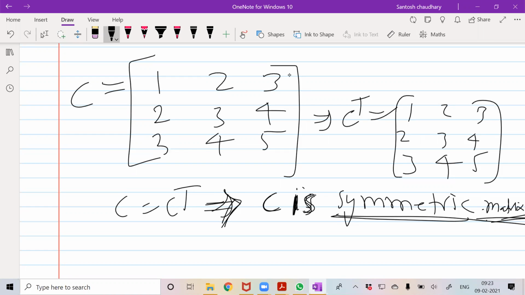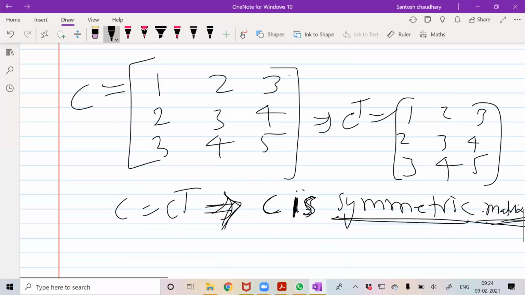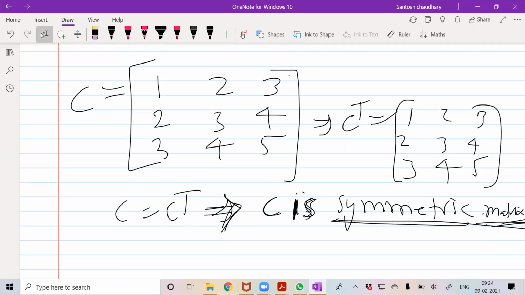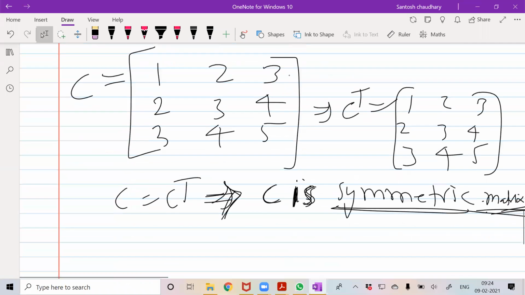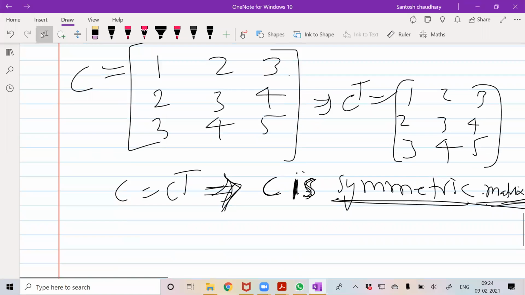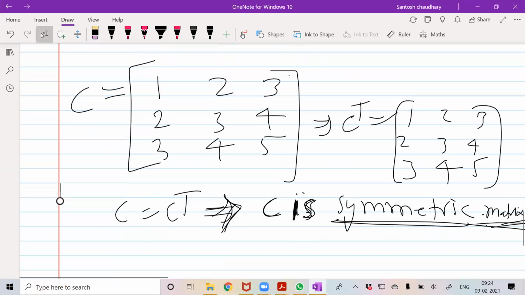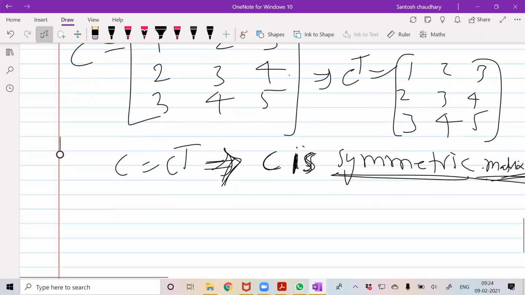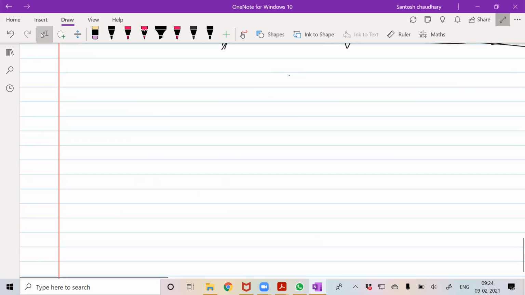Okay, so now let's come to the skew symmetric matrix.